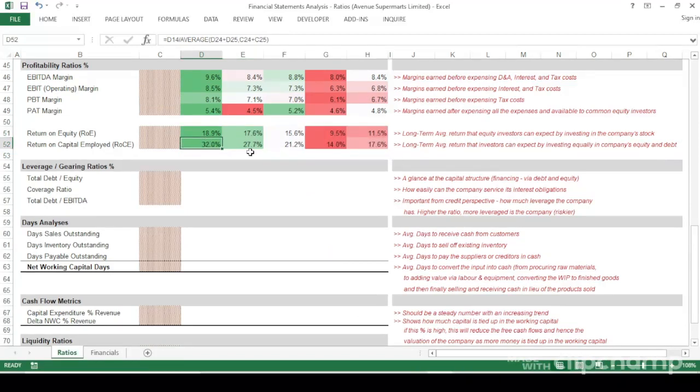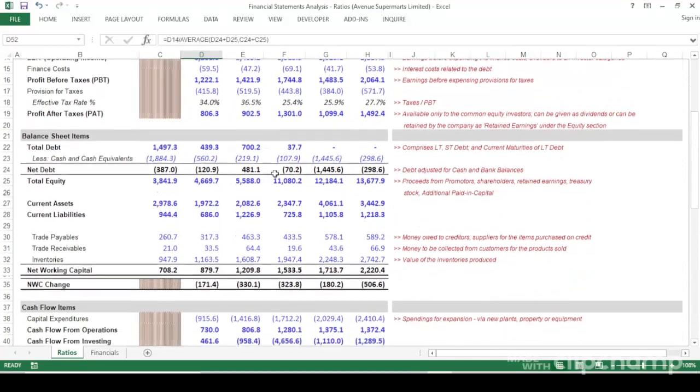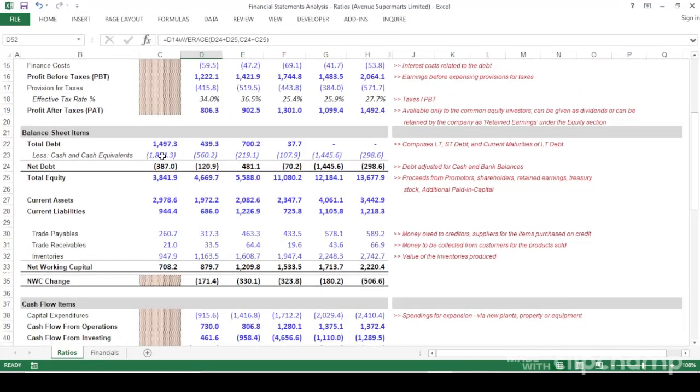And for return on capital employed, you can see a similar trend as it was for the return on equity. But here we can see the reason for this decrease in the first 4 years has been basically because of the decline in the debt balances. There has been an impact on the net debt.